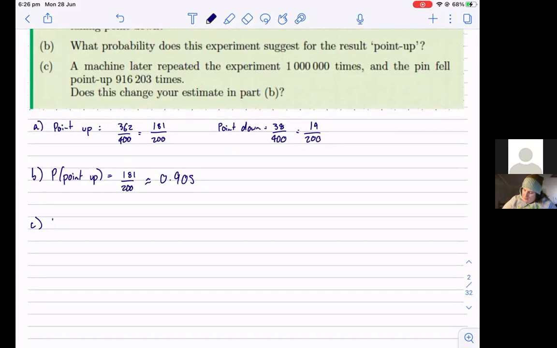So this is now saying P of point up is 916,203 over 1,000,000, which is 0.916203. Yes, this is a better estimate for probability.